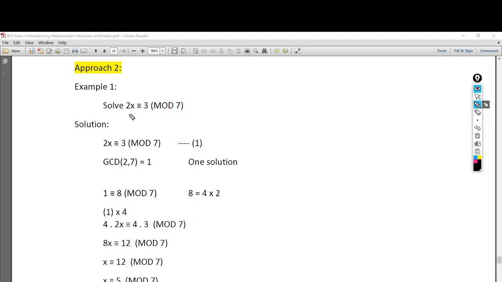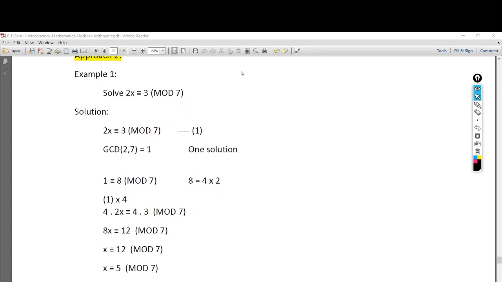Okay, so let's say we want to solve 2x is congruent to 3 mod 7. Of course, this is a very simple one, right? So this is how you do that. The first part is anyway the same. You just have to find the GCD of A and N. In this case, you know that A is 2, B is 3, N is 7. So find the GCD of 2 and 7, which is 1, right?